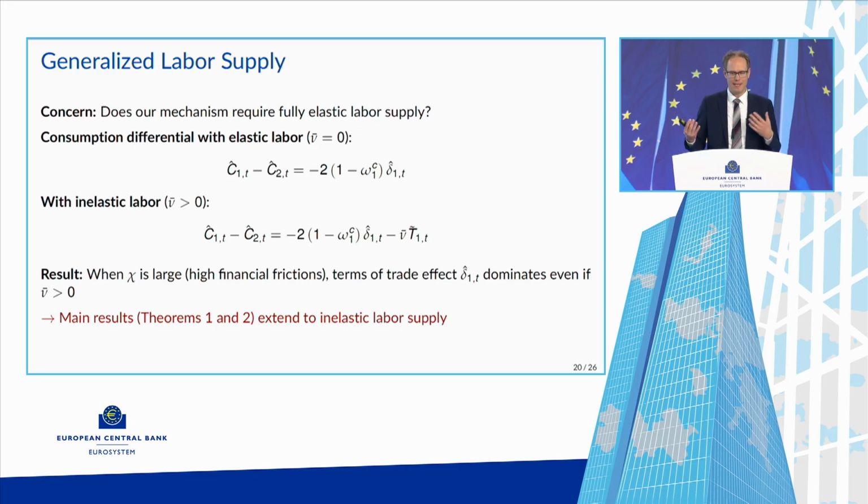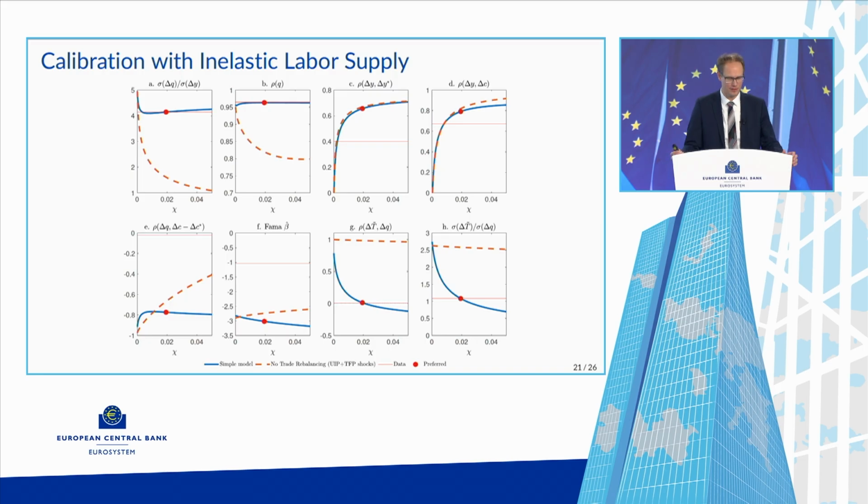So you get a feedback mechanism from the trade balance into this relative consumption part. But that's not going to overturn the Backus-Smith finding or other elements in this regard. This is just the picture to show we've done it, it works out, so it shouldn't be a biggest concern.